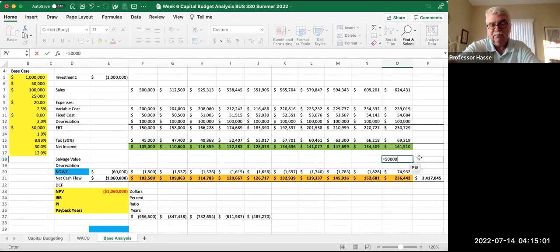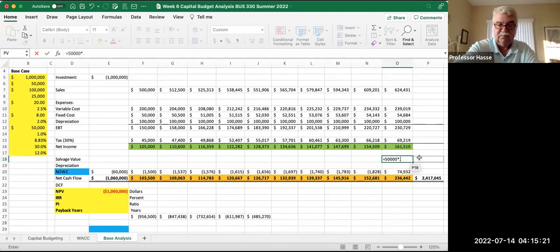So we're going to put that $50,000 and multiply it times 1 minus the tax rate, 1 minus 30%, to get the net after tax gain on the disposal of this $1 million asset. The tax rate is 30%, 1 minus 30% is 0.7.